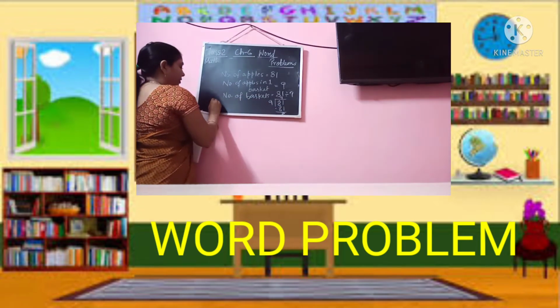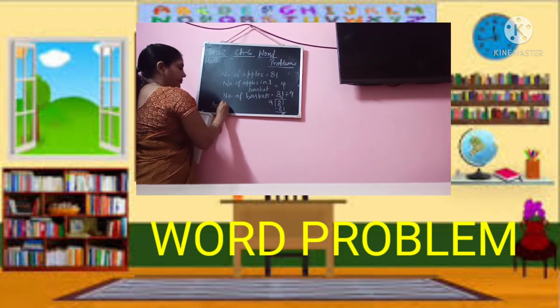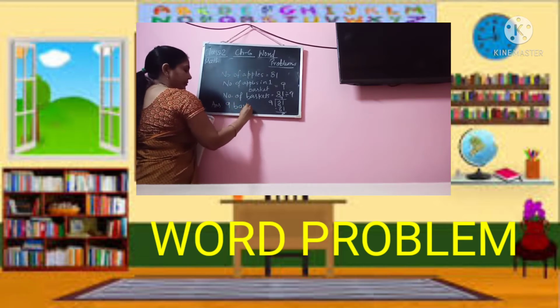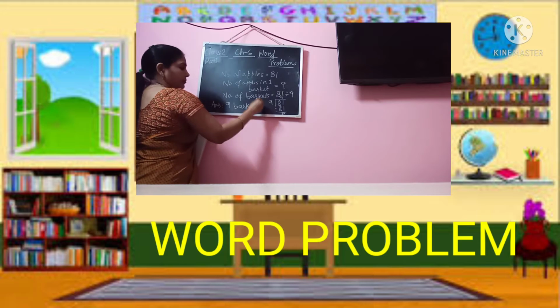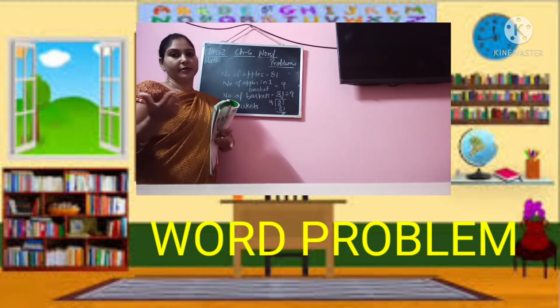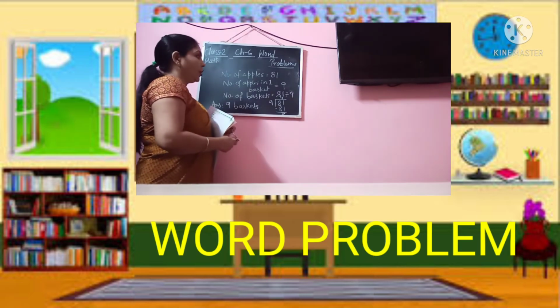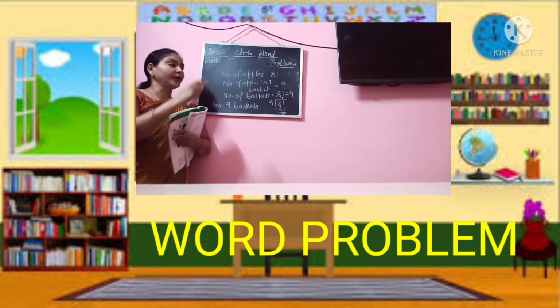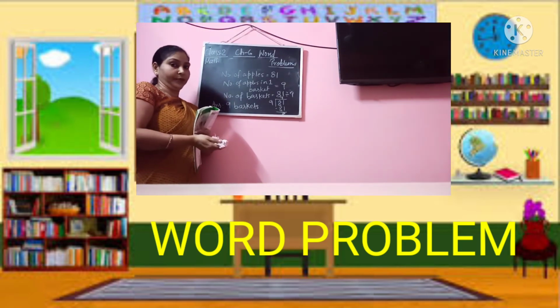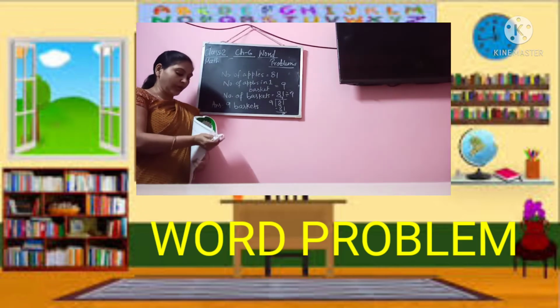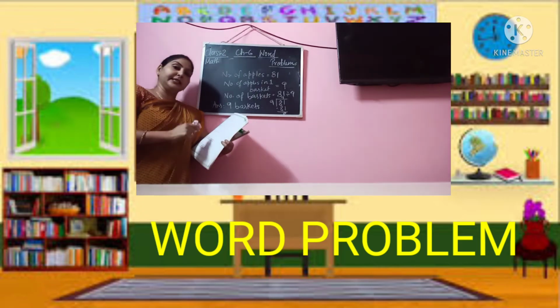So in the answer you will write 9 baskets. That's your answer. Okay. Isn't it simple? Yes, it is. So what you will do, you will copy this sum in your copy. Okay. And rest other sums, you will do it in the book only.